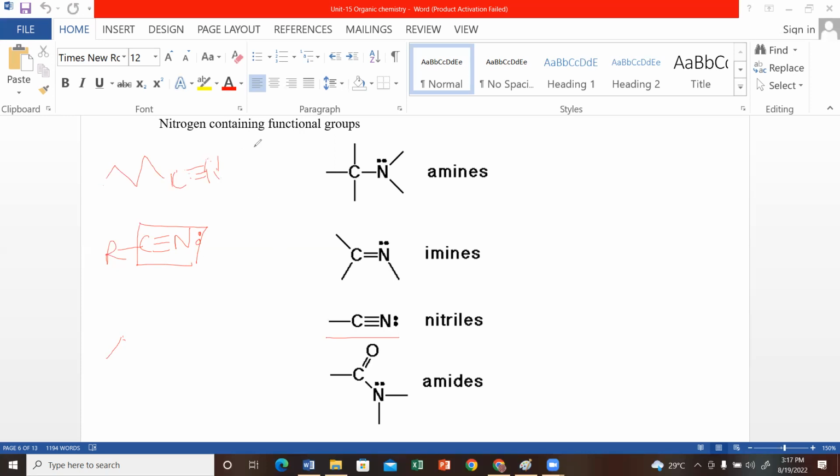So in this representation, we have CN, one carbon, another carbon, third one, and fourth one. The criteria should be to find out the heteroatom. As we can see, the heteroatom is present over here, and the other group is R. So the general formula is RCN, and the functional group present over here is nitrile.